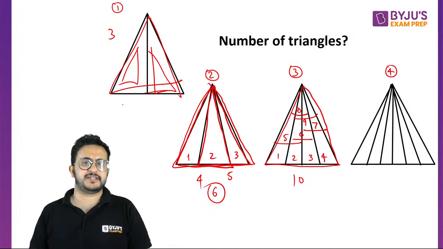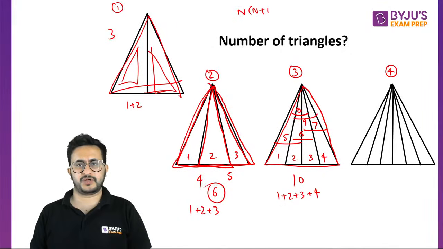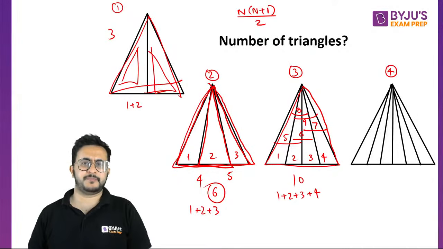Basically, it is 1 plus 2. Here it is 1 plus 2 plus 3. Here it is 1 plus 2 plus 3 plus 4. So the sum of the first n natural numbers is n(n+1)/2, where n is the number of partitions.